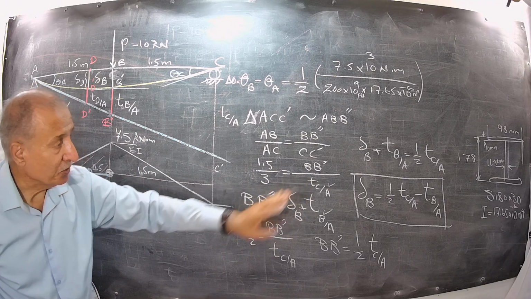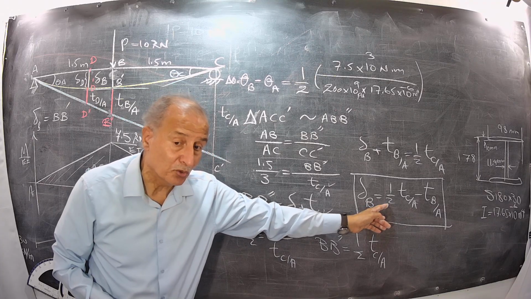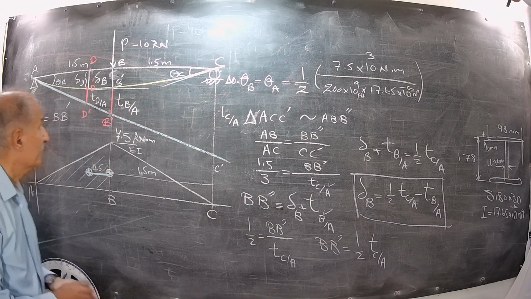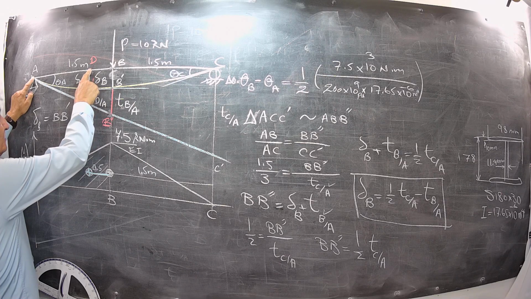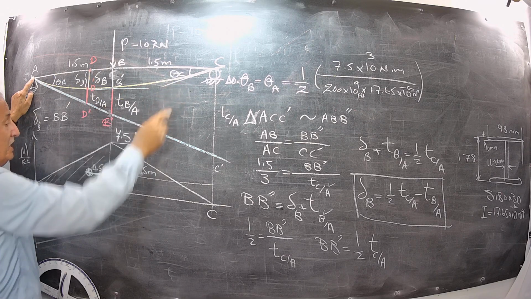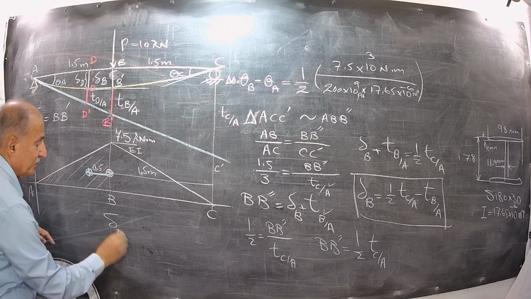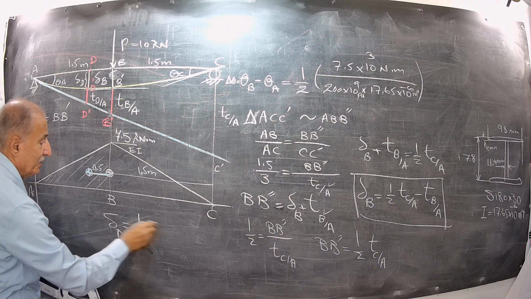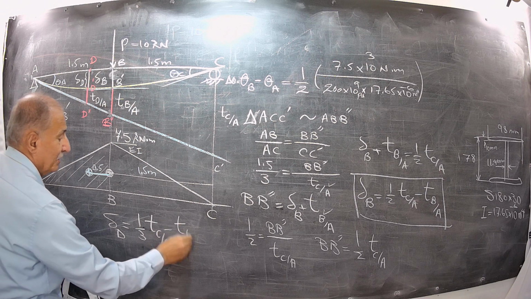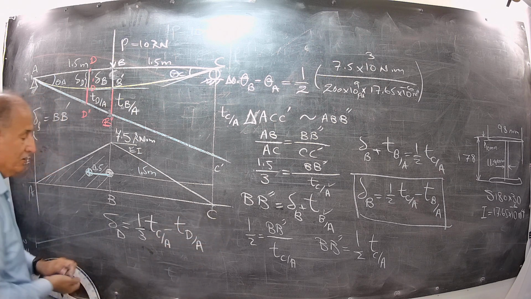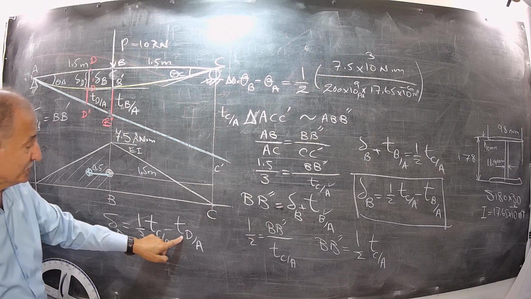Then you continue and you reach here. The ratio here instead of 1/2 is how much? This is 1 meter divided by 3 meters, which is 1/3. Then delta D is 1/3 TCA minus TDA. You already calculated TCA, divided by 3, minus TDA.